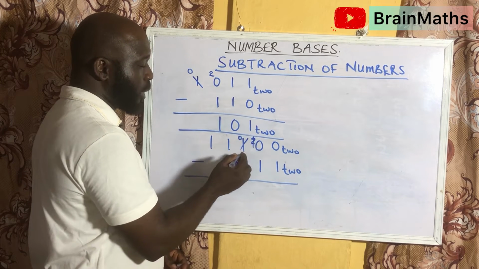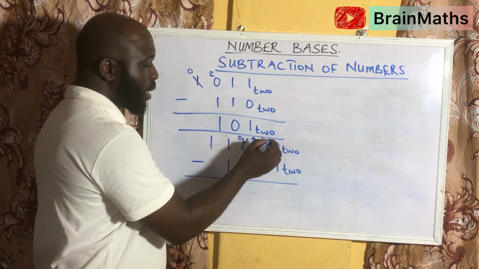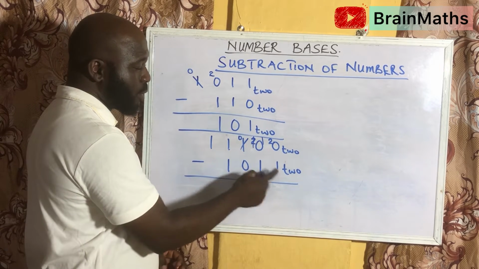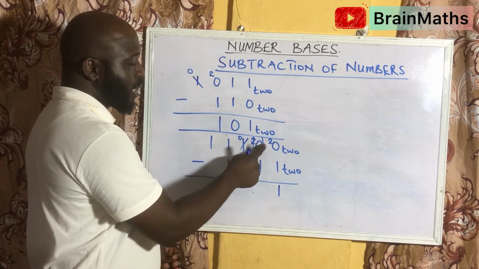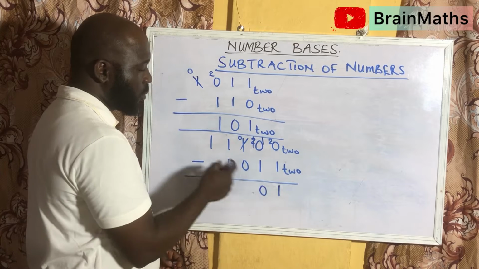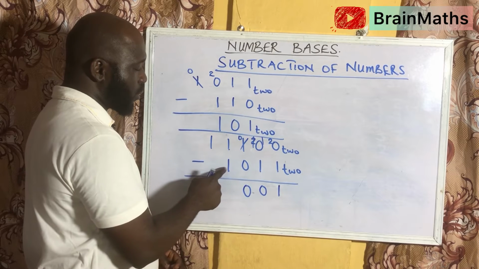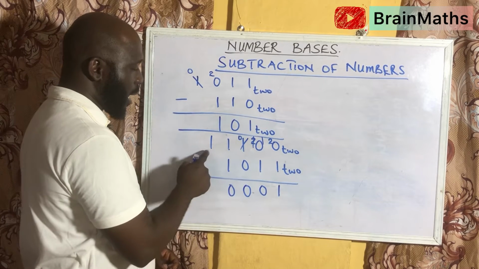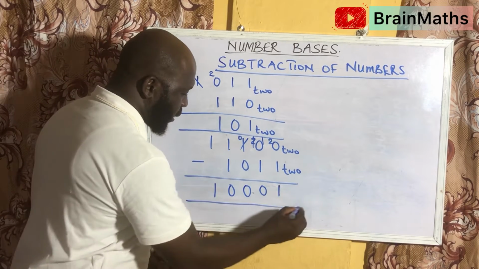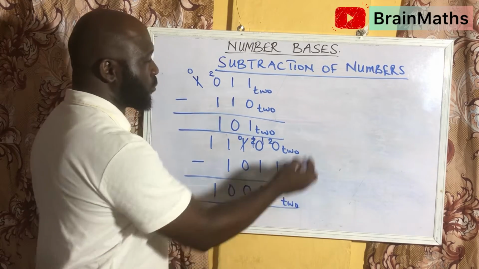Take 1 from that 2 again, remains 1. Then the one we have taken from here is another 2. So when we put the 2 here, it becomes 2 minus 1, which is 1. Then we are left with 1 on this side. So we have 1 minus 1, 0. 0 minus 0, 0. 1 minus 1, 0. And 1 minus 0, 1. So our answer in this case is 1, 0, 0, 0, 1 all in base 2.